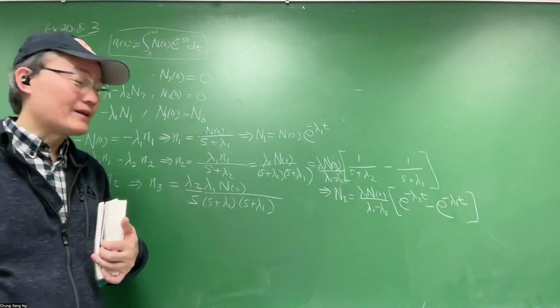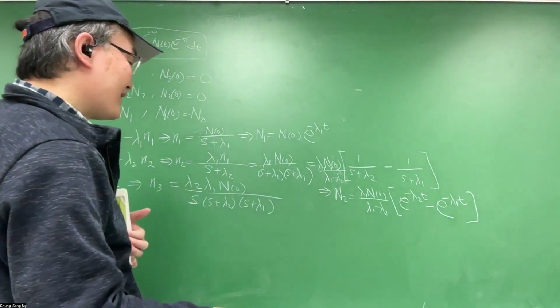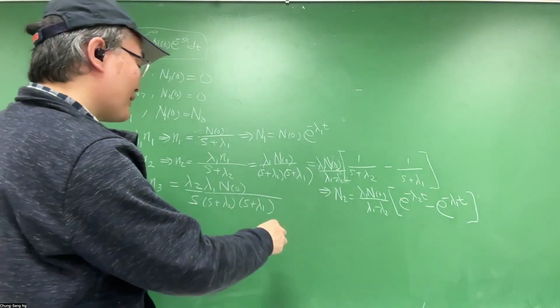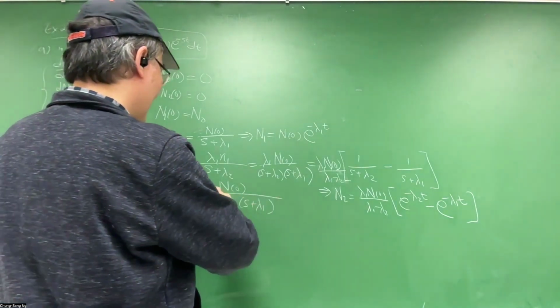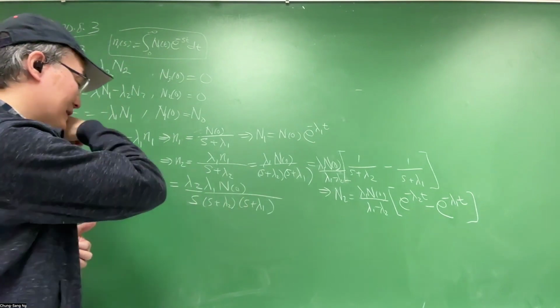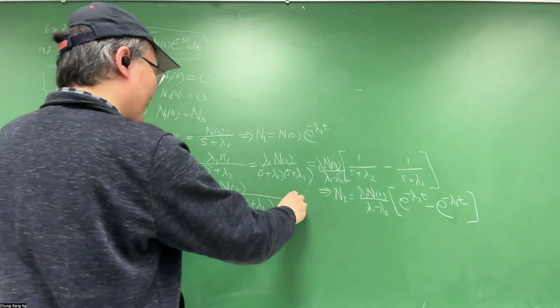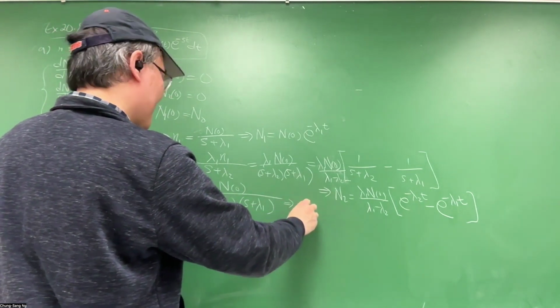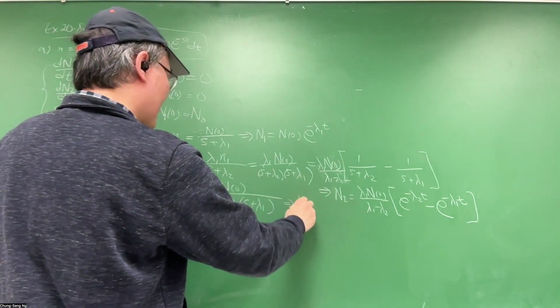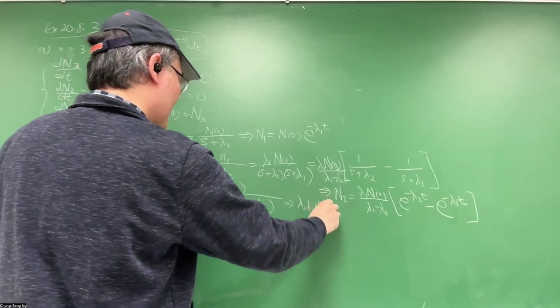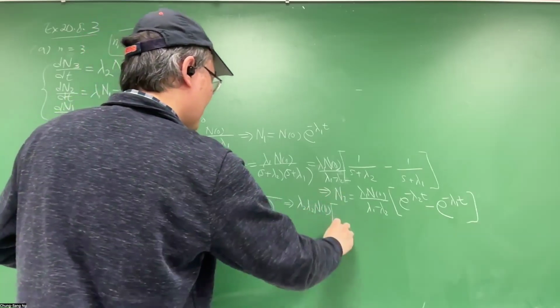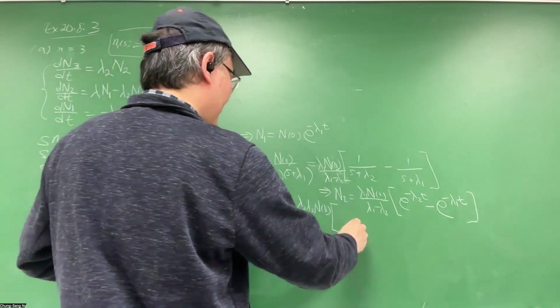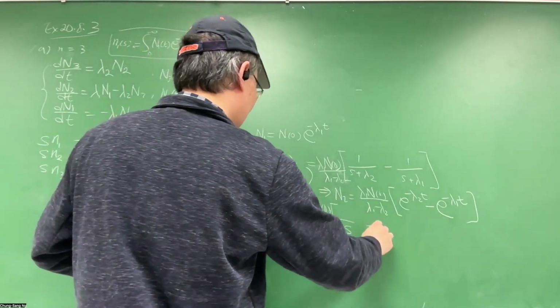Is that it? Well, the next one will be even more complicated, right? Because you have three factors. Has anyone done it? So this is your overall coefficient, number 2, number 1, and number 0. Three terms, right? You have an S term.